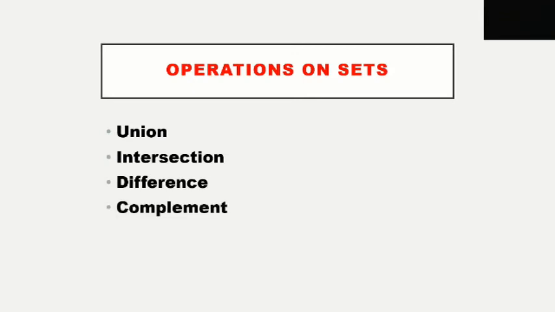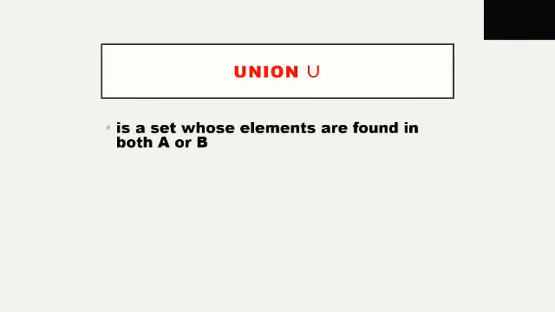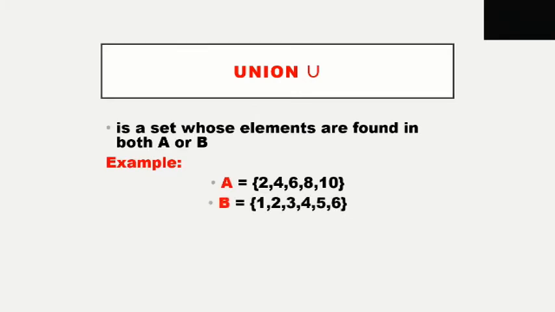So we have operations on sets. Number one is union, intersection, next is difference, and complement. Union is a set whose elements are found in set A or set B. Example, given set A containing 2, 4, 6, 8, and 10, set B containing 1, 2, 3, 4, 5, 6.